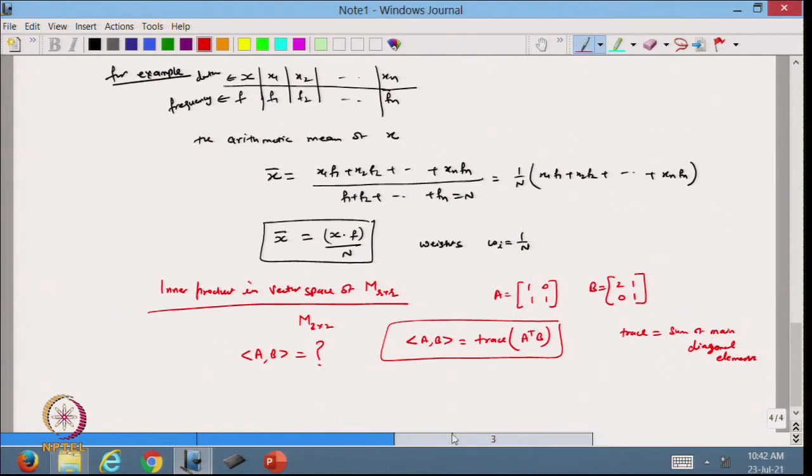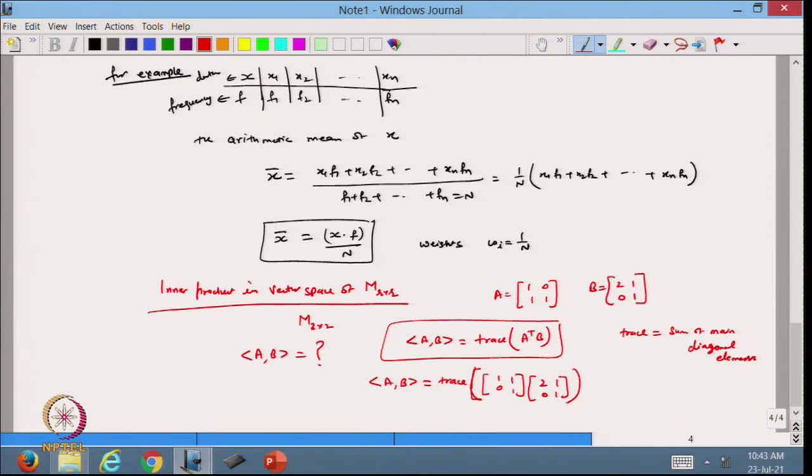So, for example, let us take this matrix, and I want to define the inner product of A and B. I will take the trace of a matrix. A transpose will be 1 0, 1 1, I am taking the transpose, multiplied by B, that is 2 1, 0 1.